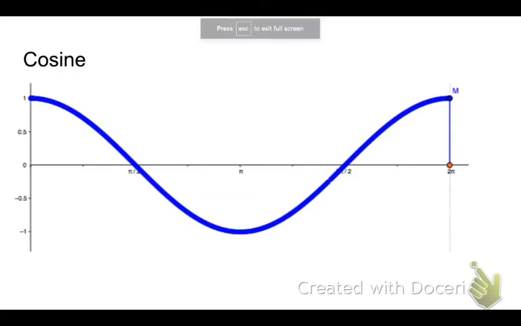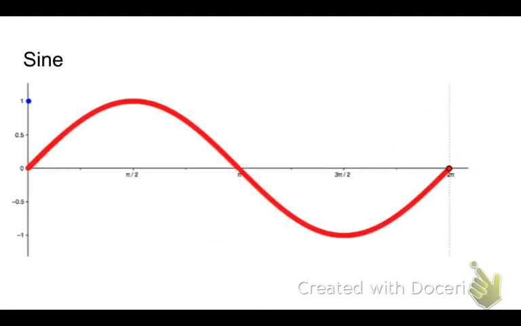So once again, this is the basic one rotation from 0 to 2 pi of cosine. Please make sure you put this nice and big in your notebook. And then the sine graph, nice and big. I would like to point out something pretty interesting about both sine and cosine.